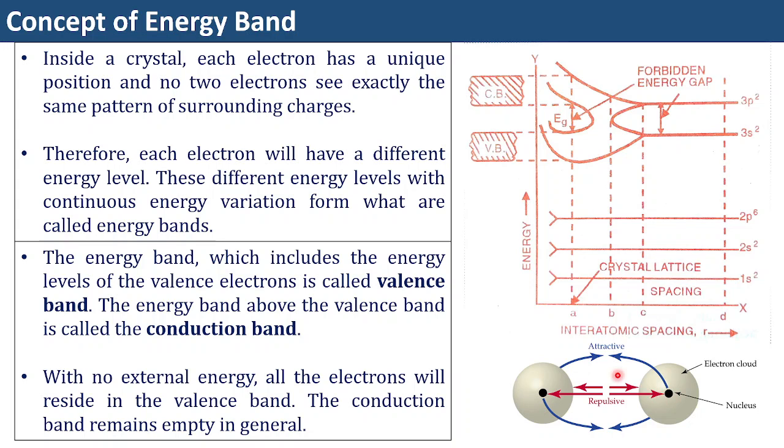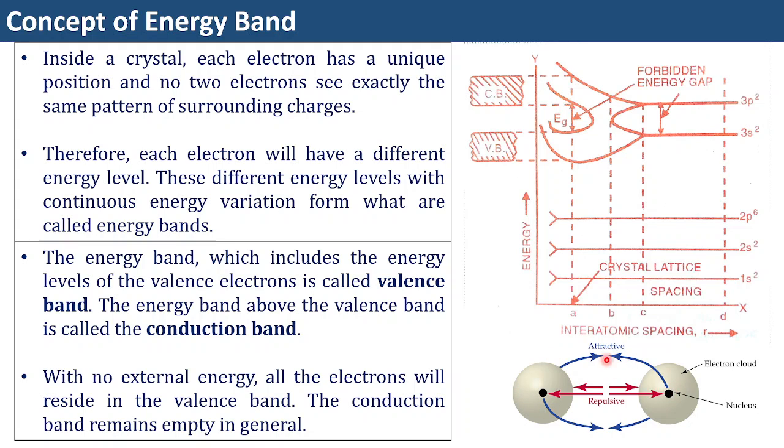So in that case, what will happen? This particular nucleus will be attracted to the electronic cloud of this particular atom. And similarly, the nucleus of this atom will be attracted to the electronic cloud of this particular atom. That means the electrons of this atom will attract the nucleus of the other atom, and the electrons of the other atom will attract the nucleus of this atom.